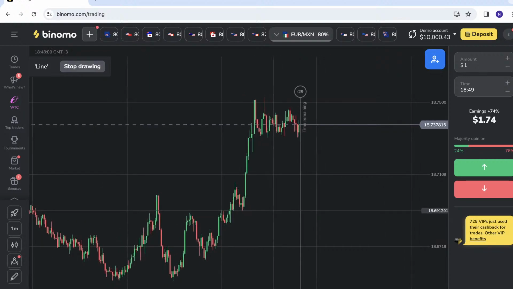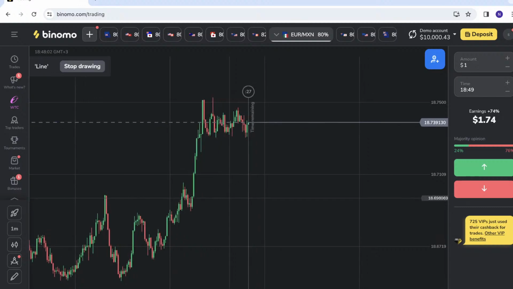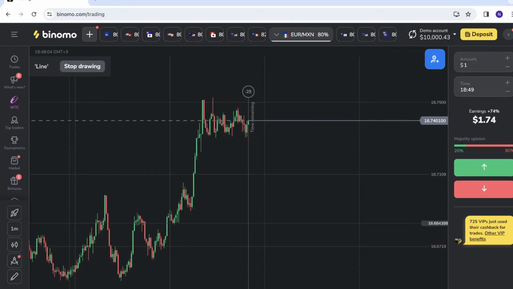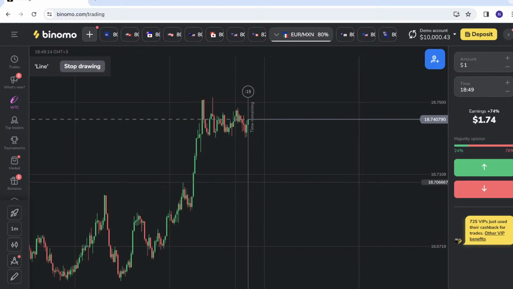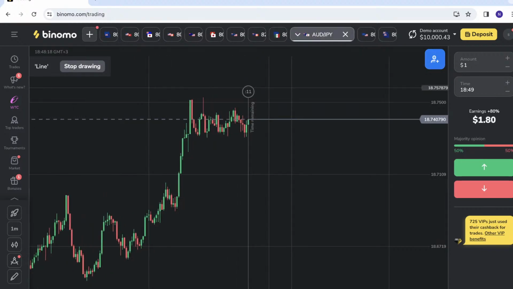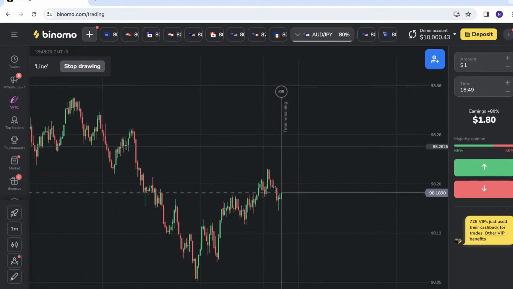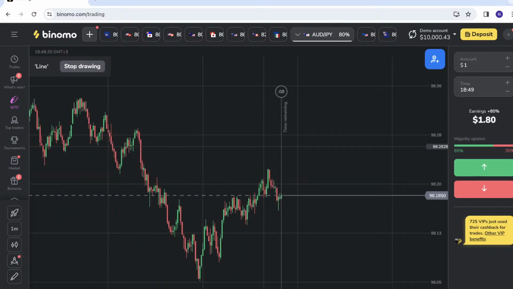As I said before, if you can't find good trading signals on your time frame, you can always choose higher time frames to get good trading signals. Also, I want to give you a tricky tip.